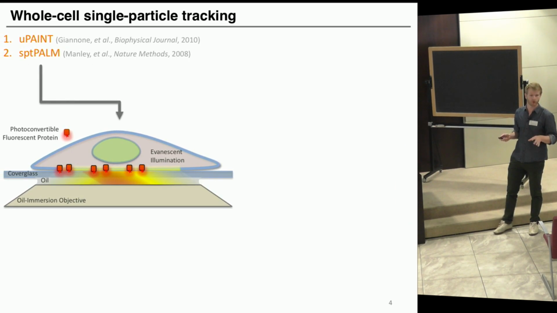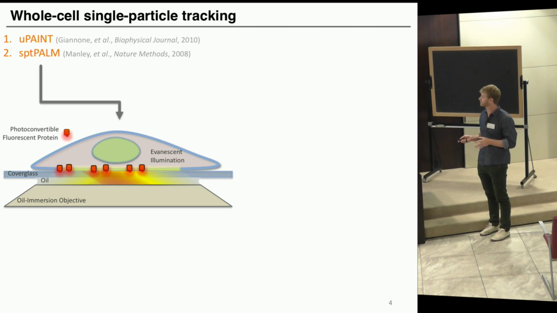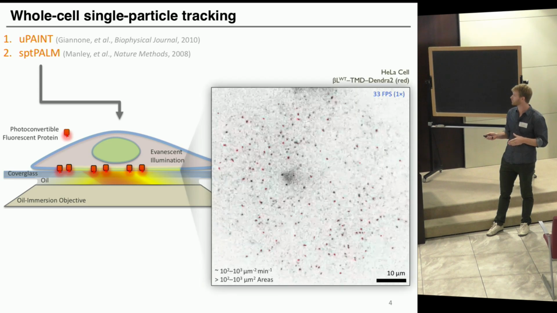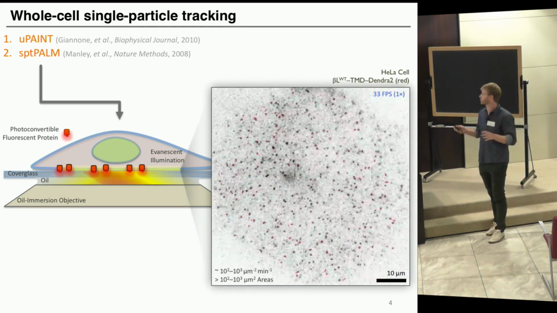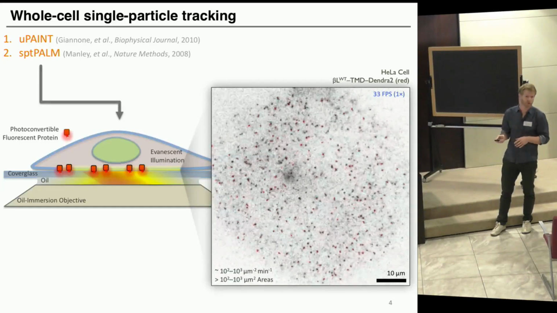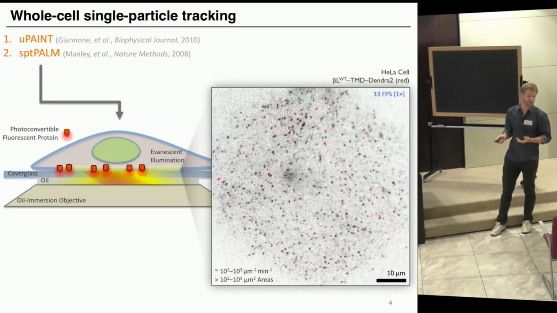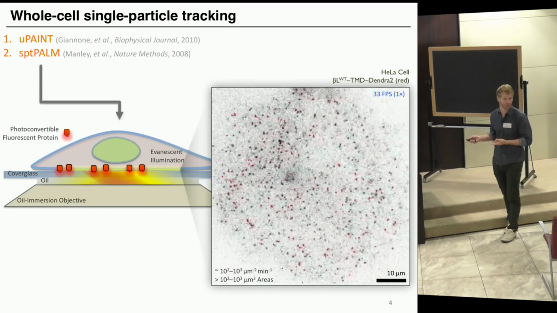We have molecules that stay visible for a very short time, at high density, and the fact that only a certain fraction of these molecules is visible at any time means we can get longitudinal measurements. The data looks something like this: erratic motion, particles blinking on and off, and from this we want to map the physical properties of the membrane, as experienced by the molecules that we track.